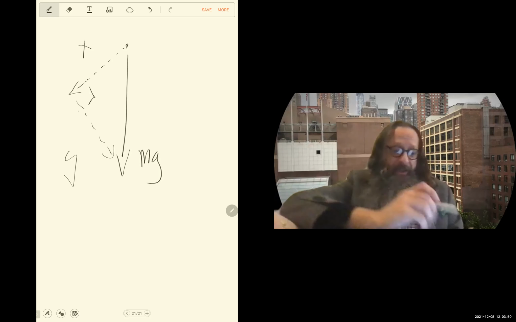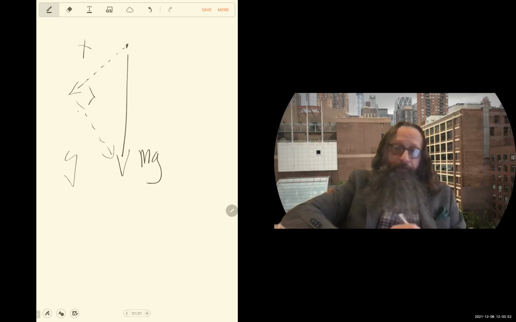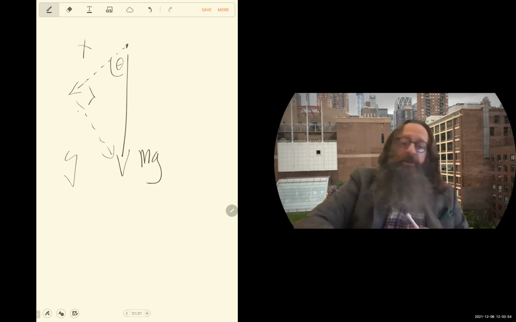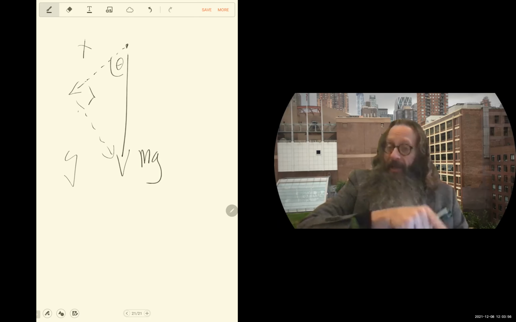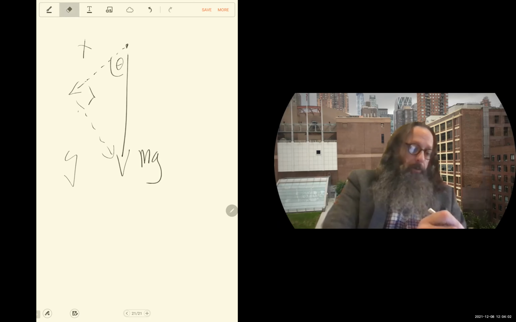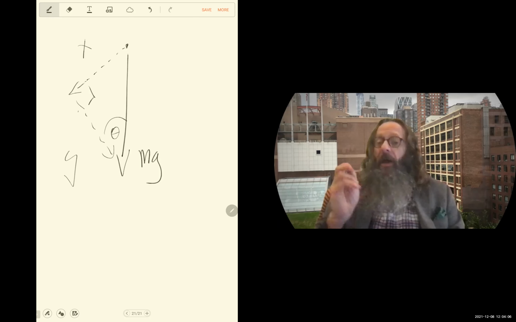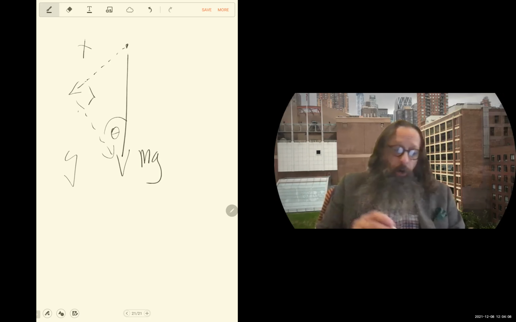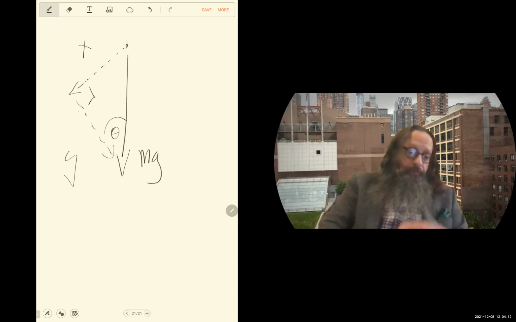If you think about what I'm saying, it's got these two legs. One of them is mg sine theta, in other words, hypotenuse times sine, and one of them is hypotenuse times, oh, sorry, I just messed up my whole thing, sorry. One of them is mg sine and the other is mg cosine. One of them is opposite the angle, the other is adjacent to the angle.